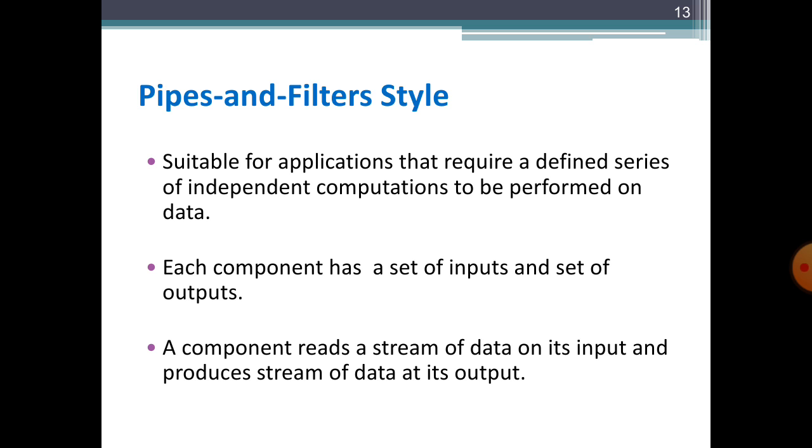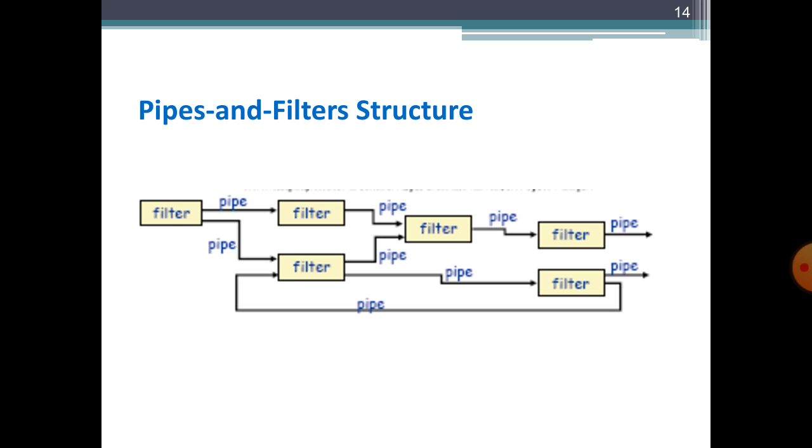In pipe and filter, each component has a set of inputs and a set of outputs, and different components read a stream of data on their input and produce a stream of data as output. For this pipe and filter style, we will discuss some real world examples to get a better idea. So let's discuss the structure of pipe and filter. Here is the structure of pipe and filter. Students, here you need to put more focus on this slide.